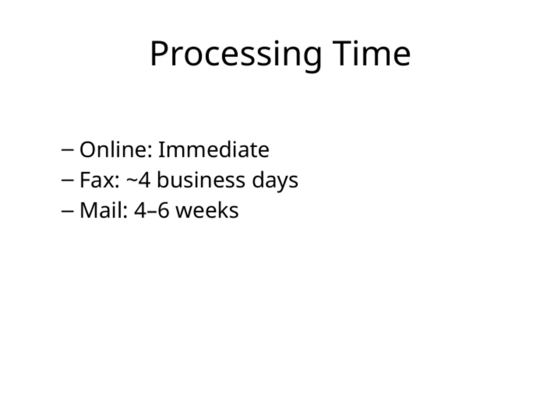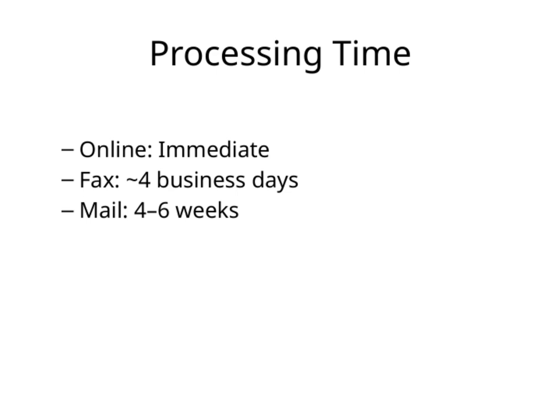When it comes to processing times, you'll notice there are quite a few differences depending on the method you choose. For online submissions, the process is almost immediate. It's really quick, which is a huge advantage if you need things done fast. Fax submissions take a bit longer, usually around 4 business days, so still fairly quick but not as instant as online.